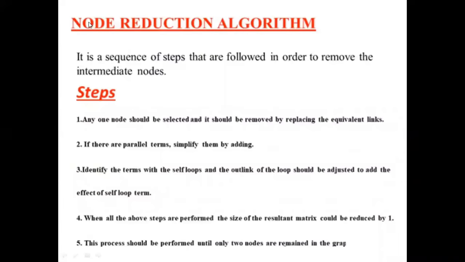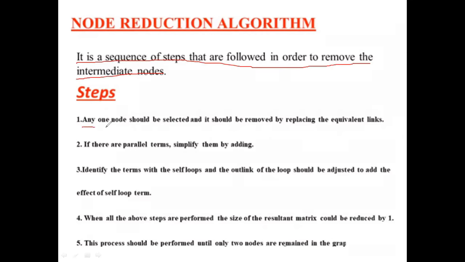So next one, the node reduction algorithm. It is a sequence of steps followed in order to remove the intermediate nodes. So to remove intermediate nodes, we are going to use the node reduction algorithm.